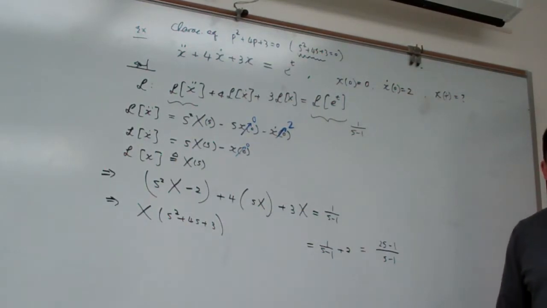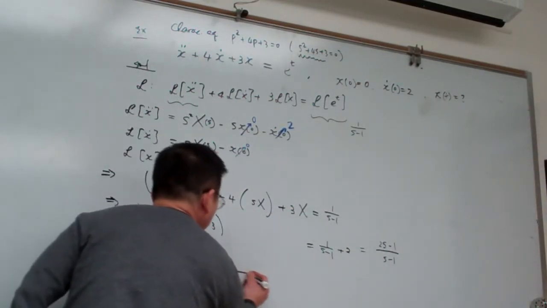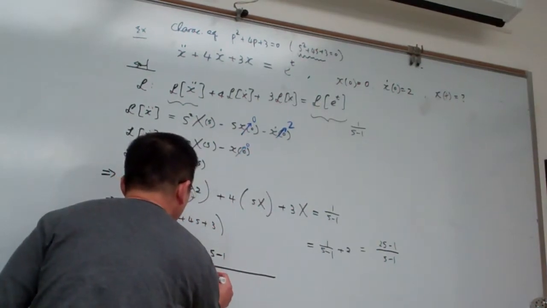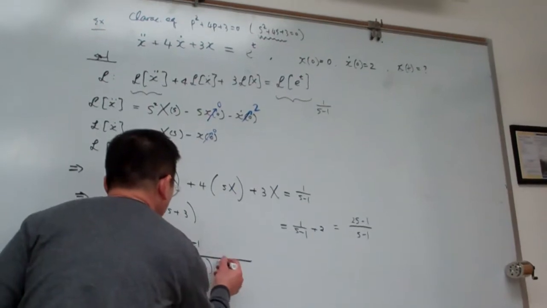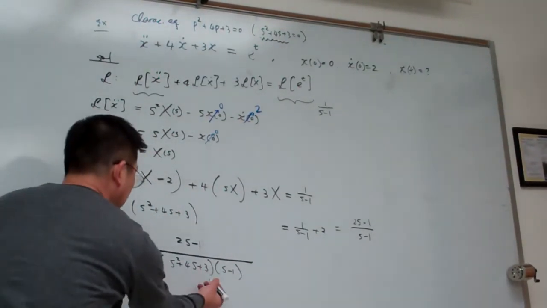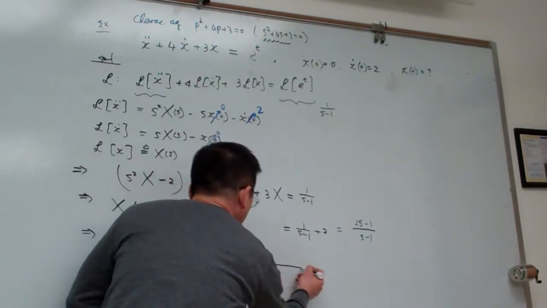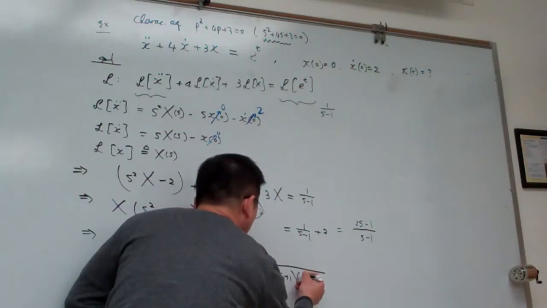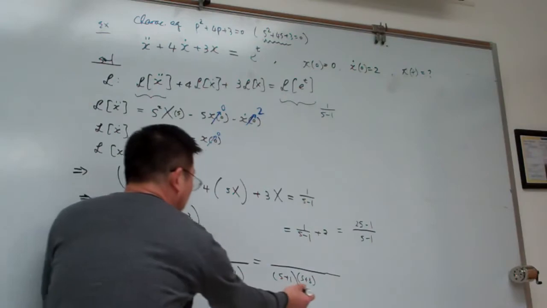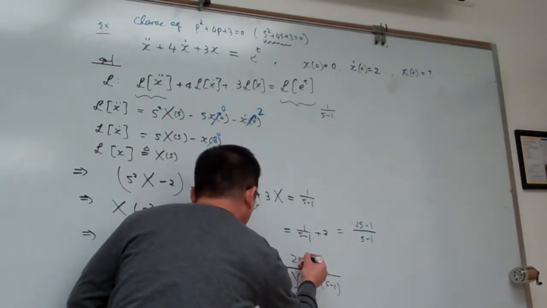Okay. So in this way, we have 2s minus 1 over s squared plus 4s plus 3 and s minus 1. And this term can be factorized as s plus 1 and s plus 3. So this term is equivalent to this, and keep writing s minus 1 and 2s minus 3.